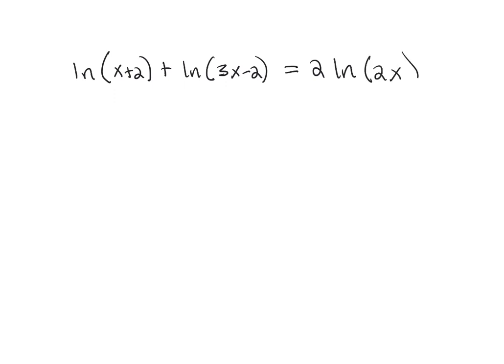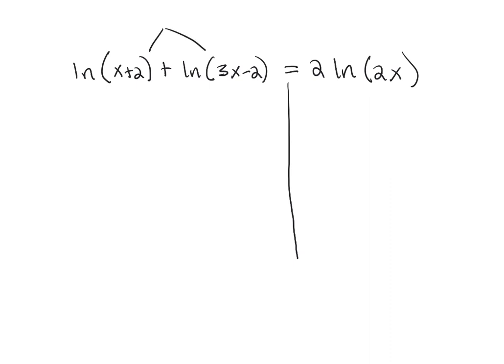Okay, next example is similar to the last one, but we're going to use natural log x plus 2 plus natural log 3x minus 2 equals 2 natural log of 2x. So it's similar to the last one, just in the sense of properties of logarithms.